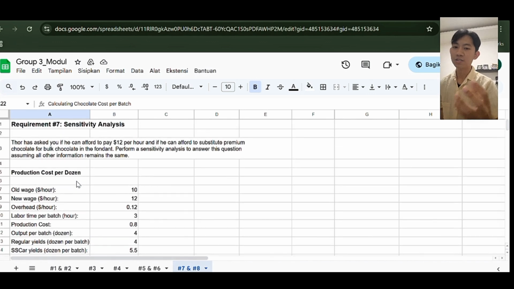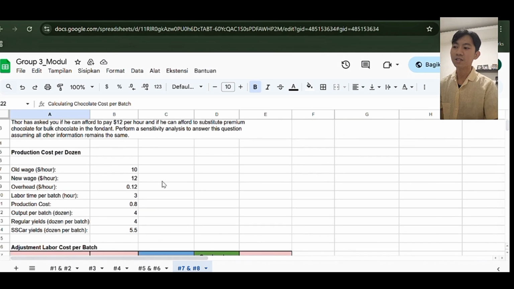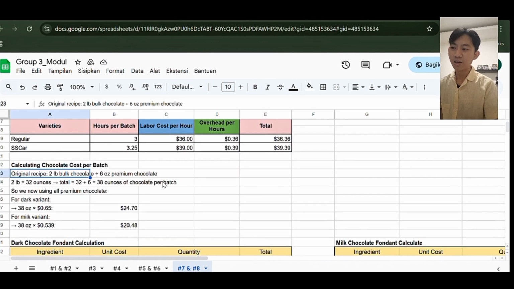Then we adjust the chocolate cost per batch, because in requirement 7, Thor wants to change the bulk chocolate into full premium chocolate. The original recipe is 2 lb of bulk chocolate plus 6 oz of premium chocolate, so it is 38 ounces of chocolate per batch. Using all premium chocolate, for the dark variant it is 38 oz times 0.65, the price of the premium chocolate, so the dark variant will be $24.70.